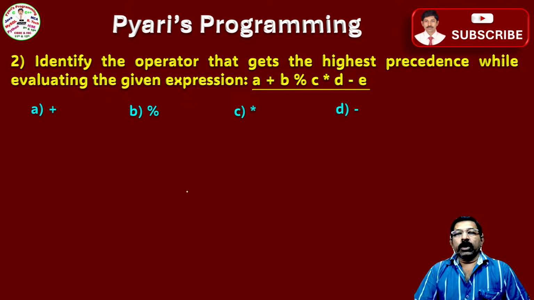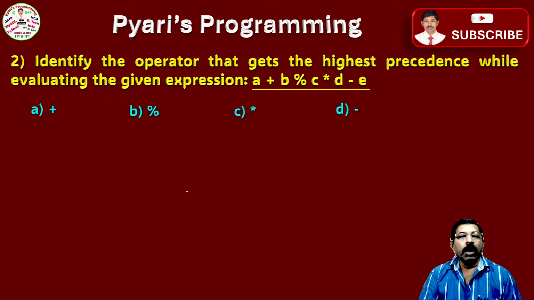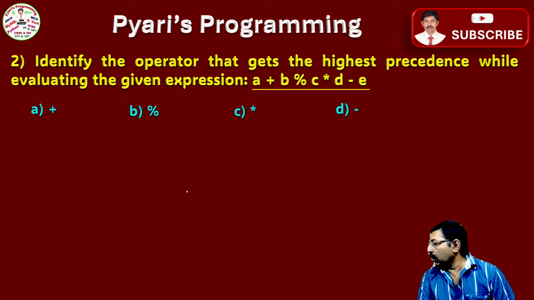Quick, everybody, quick to give the answer. It's given C and B. Again, a conflict lies between C and B.